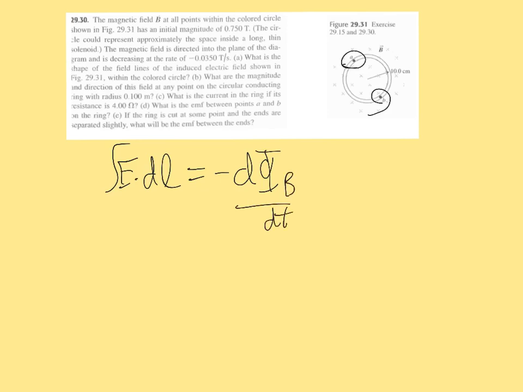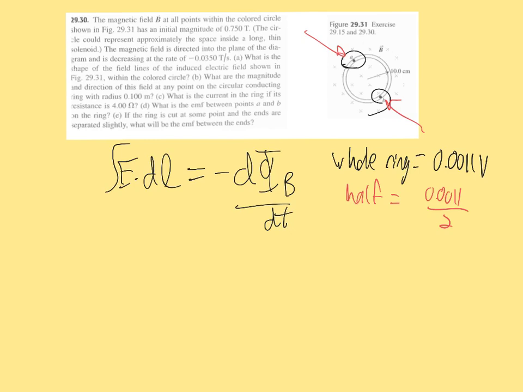And we actually know the answer for the whole ring. We know it's 0.0011 volts. So if we're just looking between this point and this point, that's just going to be half. So 0.0011 divided by 2 is going to be 5.5 times 10 to the negative 4 volts. That's for D.